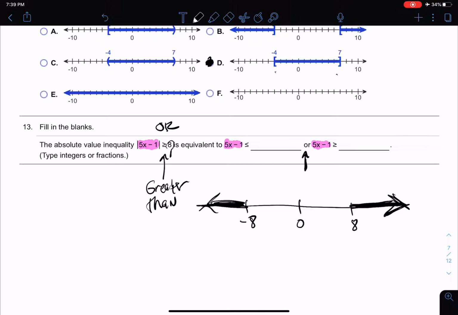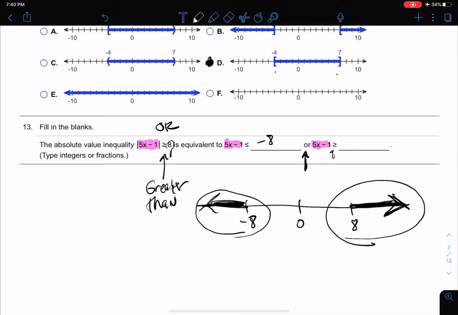And so that usually helps us set up the graph. What is this supposed to say right here? It says 5x minus 1 is less than or equal to negative 8 to get that picture going. And then 5x minus 1 is greater than positive 8. So you have this positive 8 and negative 8 thing going on, right?